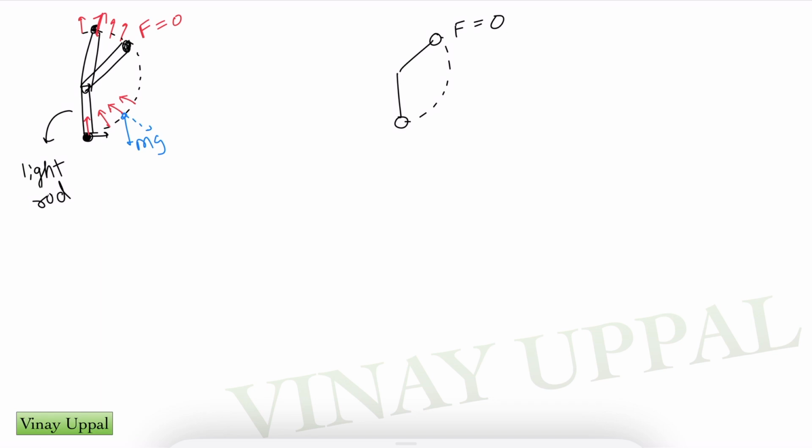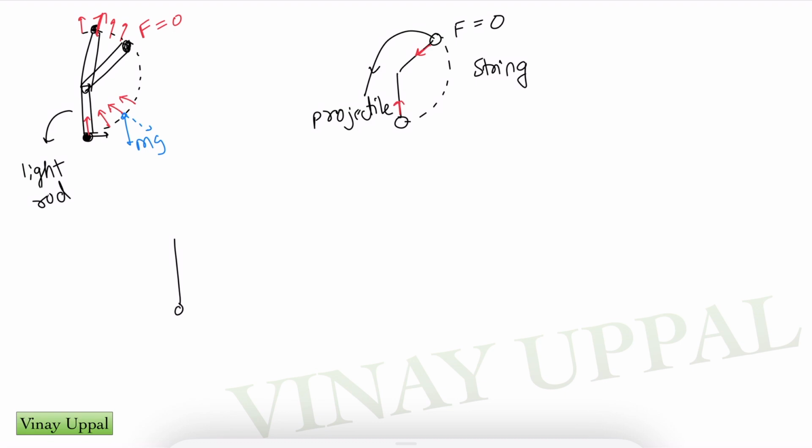Rod can push as well as pull. However, in the case of a string, after the point the force becomes 0, the force here meaning tension, the string cannot push like the rod. So after this point the string becomes slack and the particle is going to perform projectile motion. So that is where the difference begins between constrained and unconstrained.